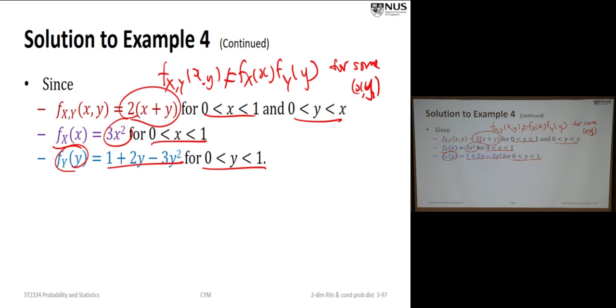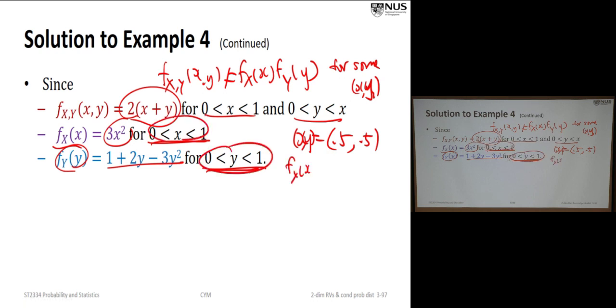So in this case, let's say x equals 0.5 and y equals 0.5. So it falls here and here. So the product of f of x and f of y will be 3x squared times 1 plus 2y minus 3y squared.